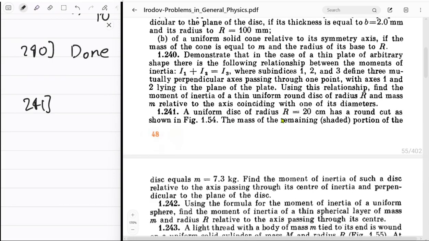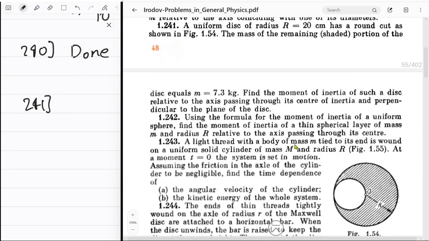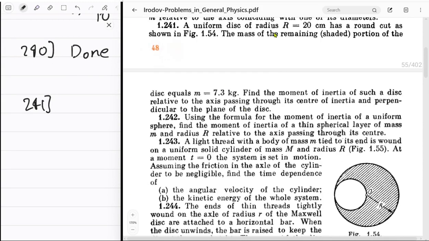A uniform disk of radius r has a round cut as shown in the figure 1.54. The mass of the remaining shaded portion of the disk equals this thing. Find the moment of inertia of such a disk related to the axis passing through its center of inertia and perpendicular to the plane of the disk.